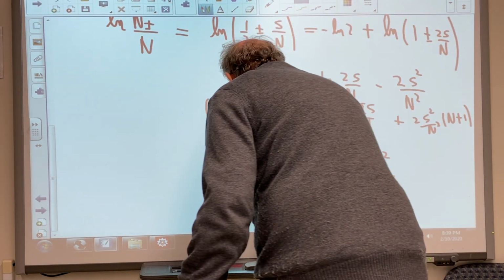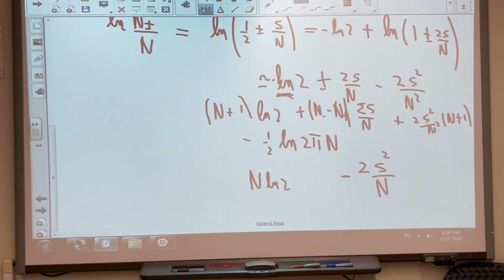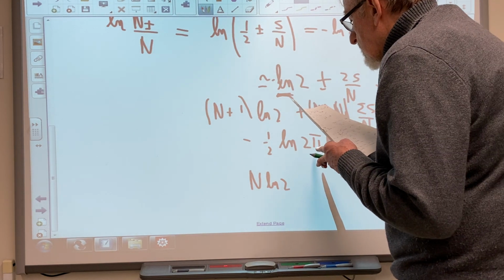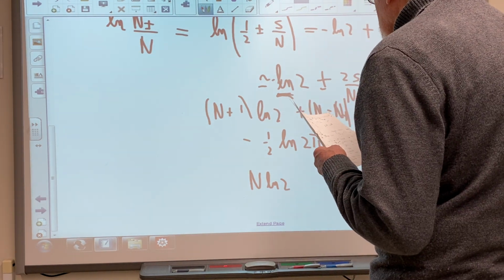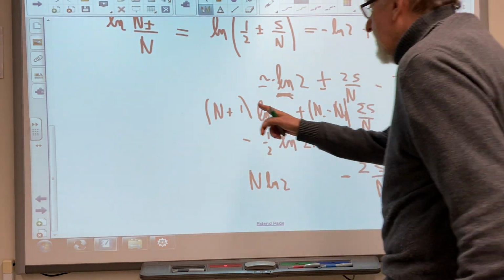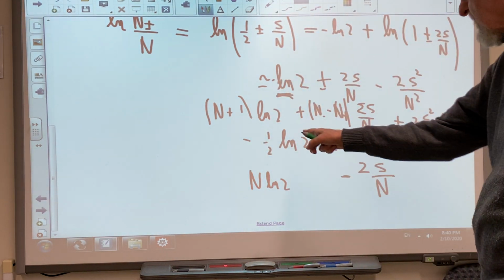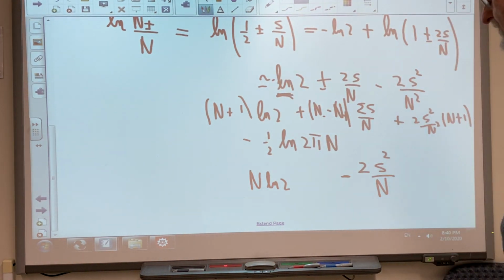This term, let me leave it again as n ln 2. I don't need the n plus 1. And what else do I have left there? n ln 2 minus 2s squared over n. And I have the term coming from here, right? So I left n ln 2, and I have here a ln 2, because I have here a minus 1/2 ln 2.